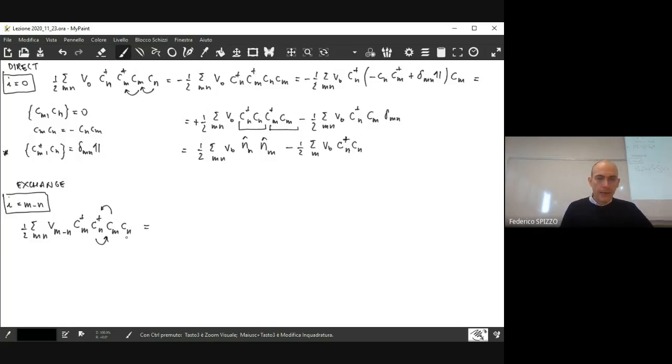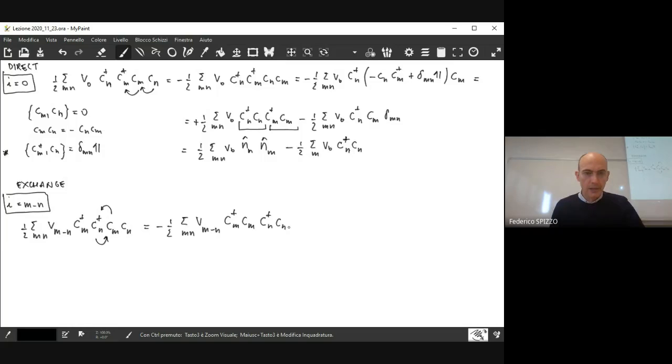So we may replace this with minus 1/2 summation over m and n of v of m minus n, c cross m, cm, c cross n, cn.